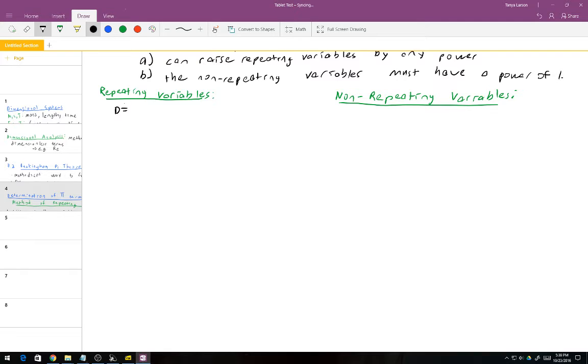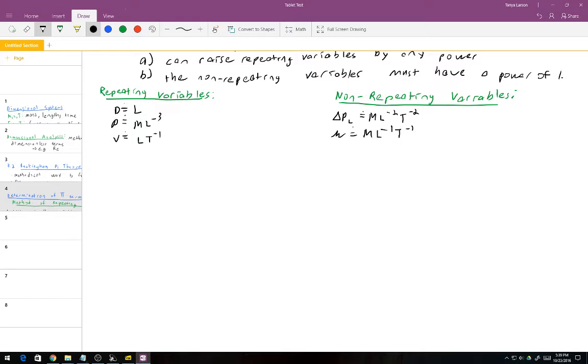So D, diameter, has dimensions of L. Rho, density, has dimensions of M, L to the negative 3. Velocity, V, has dimensions of L, T to the negative 1. Delta PL has dimensions of M, L to the negative 2, T to the negative 2, and mu has dimensions of M, L to the negative 1, T to the negative 1.